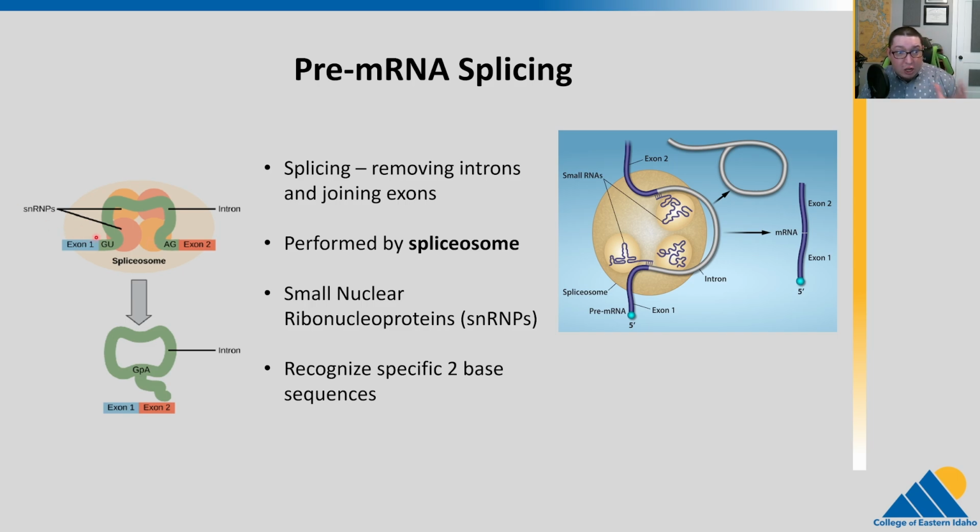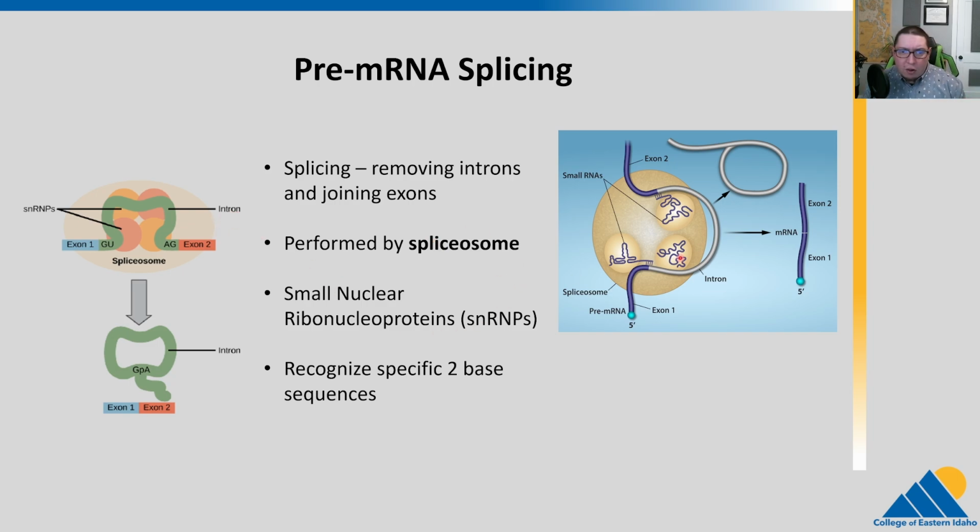Well, we do see that in splice sites, there are specific sequences, particularly GU at the front and AG at the back. We have a complex called the Spliceosome. It comes in and removes the introns. So the process of splicing is removing those introns and joining the exons together.